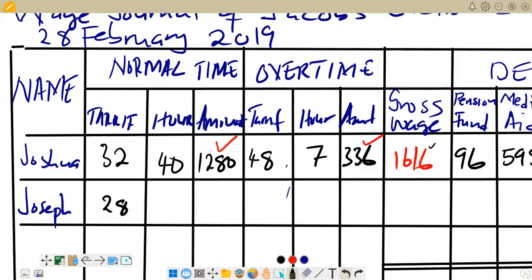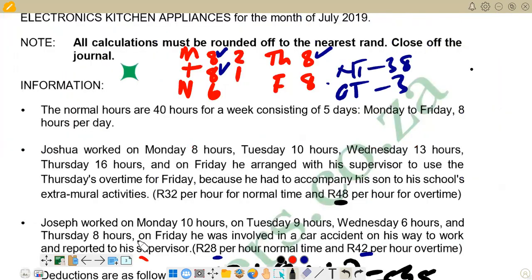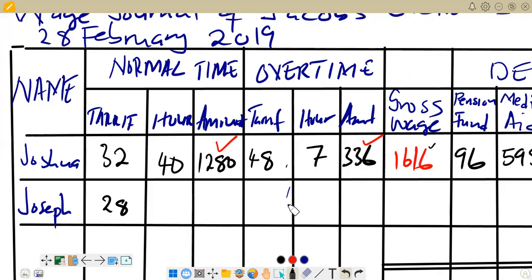Let's just recheck there. No, we are here. Sorry, we are here. So it's 42. So we come here. We have 42 here.